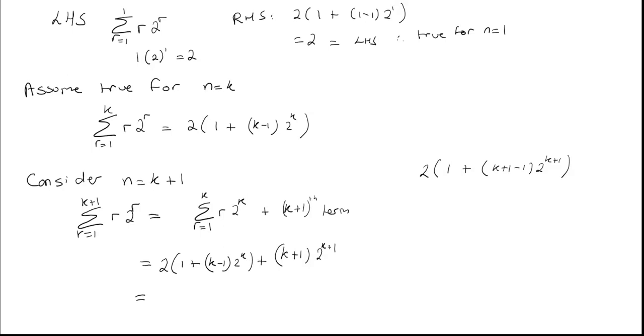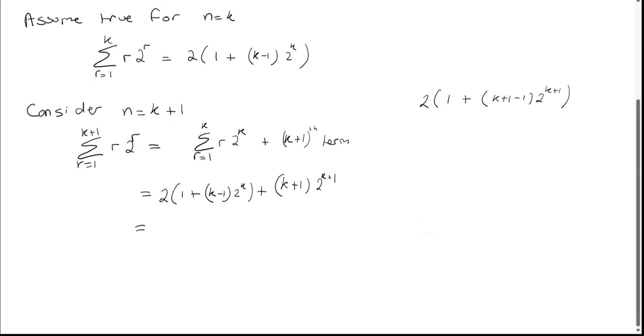Okay, right. Now I've got a 2 to the k here, but I've got 2 to the power k plus 1. Now the answer has a 2 to the power k plus 1, so you could convert them both to the power 2 to the k plus 1. I prefer to go with just 2 to the k.